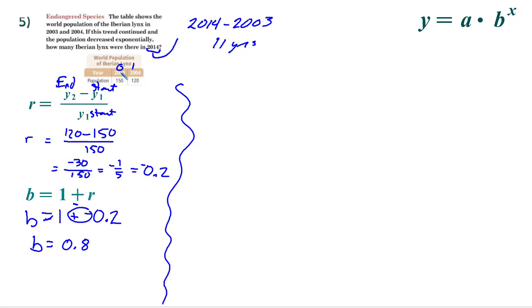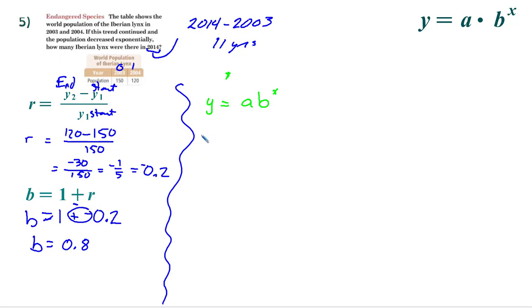In this problem, I went ahead and gave you year 0, but let's say it didn't have that. Let's look and see what you would have to do if it did not give you that 0 year. And so I'll just use that year 1 to help us see it. So we have y equals a times b to the x. So if I was looking at year 1, excuse me, instead of year 0, starting amount, I would take and plug in.